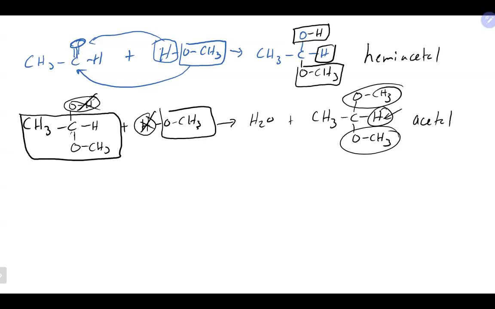Now, this reaction basically occurs the exact same way with a ketone, except that you are missing one little thing that you do have here with the hemiacetal or the acetal, which is actually that hydrogen. And that's because when you start with a ketone, you actually don't have the hydrogen on the carbon. So let's take a look at what happens if we do this exact same reaction here with a ketone.